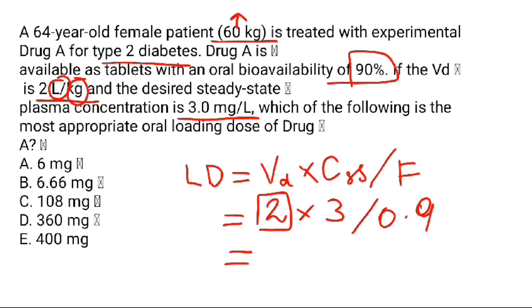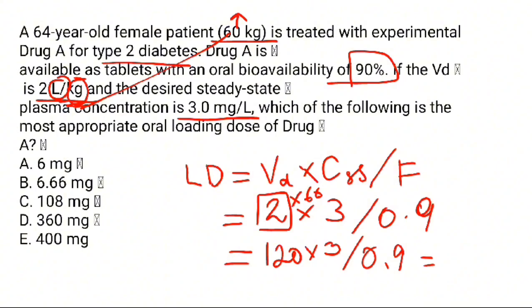Sorry, 2 into 60, because this is per kg, we need it for 60 kg for this patient, so it will become 120 into 3 divided by 0.9, and so the answer will be 400 mg. Answer option E. Okay, next.